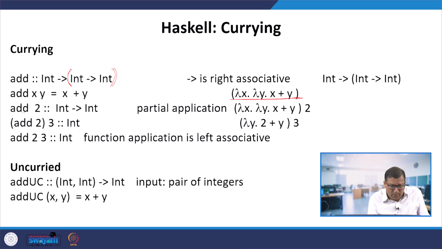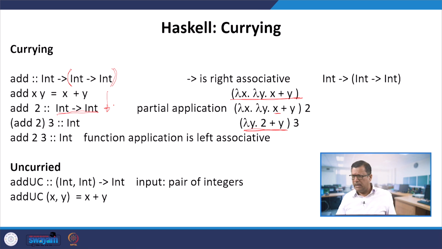So when we do add 2, we will get a function Int arrow Int. So here, when we apply this, x is 2, so x is replaced by 2, and we get another function, lambda y dot y plus 2. This is allowed in Haskell. That means I have not applied add to two parameters.